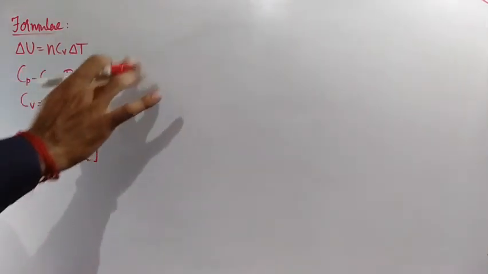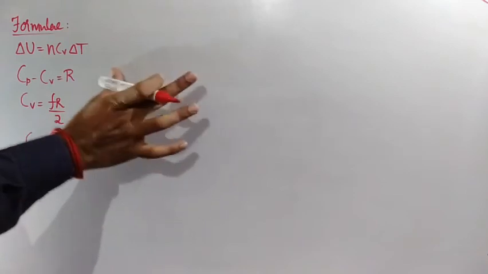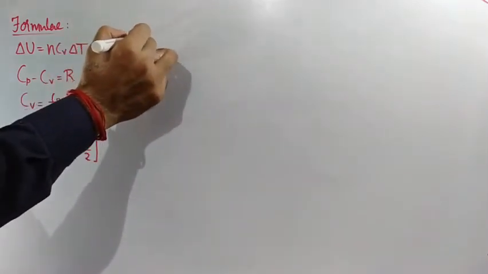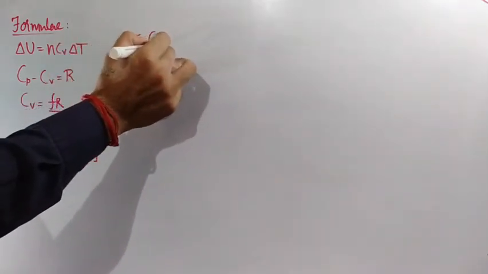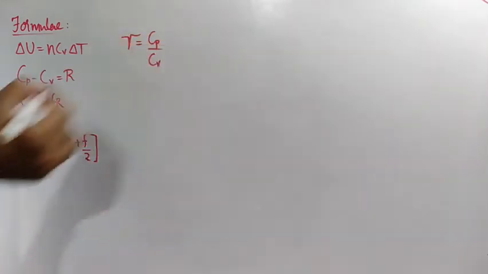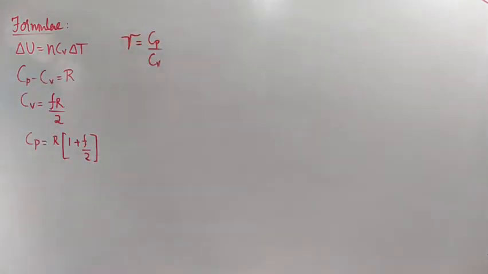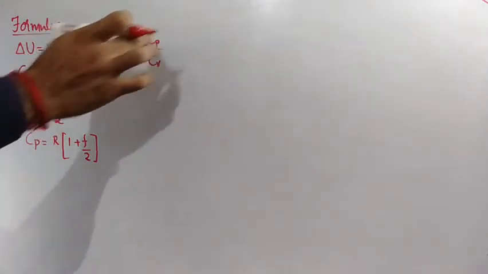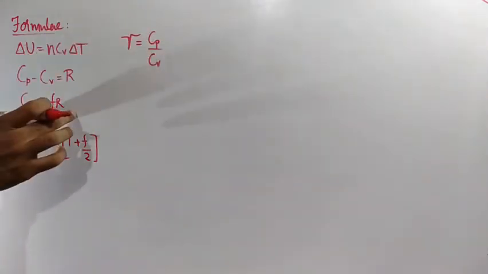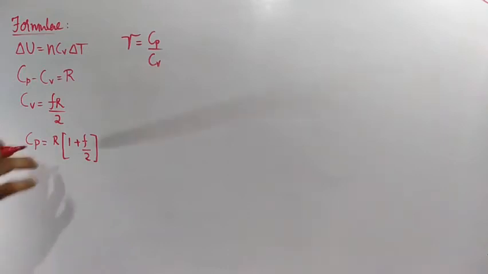Next, gamma we have also calculated. Gamma is nothing but Cp by Cv. Clear? Try to remember the formula; if not, within 5 seconds you should be able to calculate it. With this Cp value and this Cv value, R and R will cancel. In the numerator 1 plus f by 2, in the denominator f by 2.